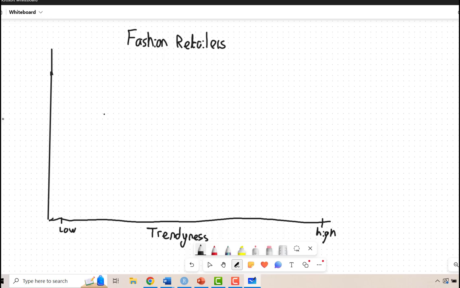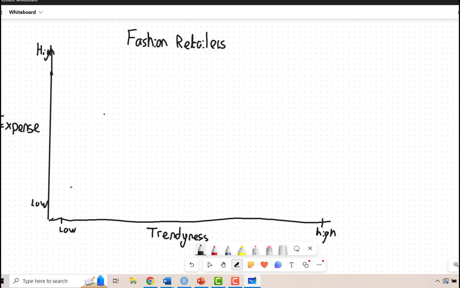And then I will have expense, so how much things in the shop cost, and again, from low to high. So these are just going to be my two simple segmentation bases for fashion retailers.